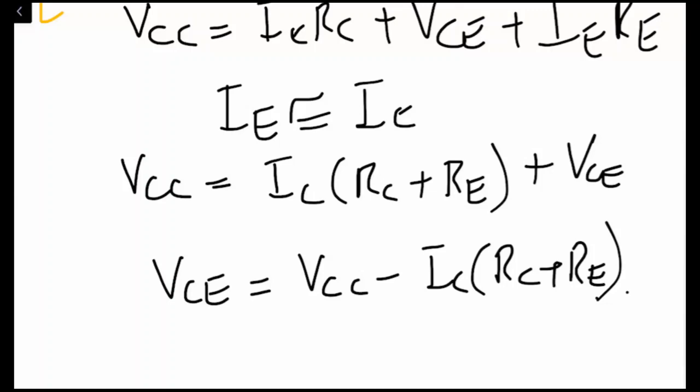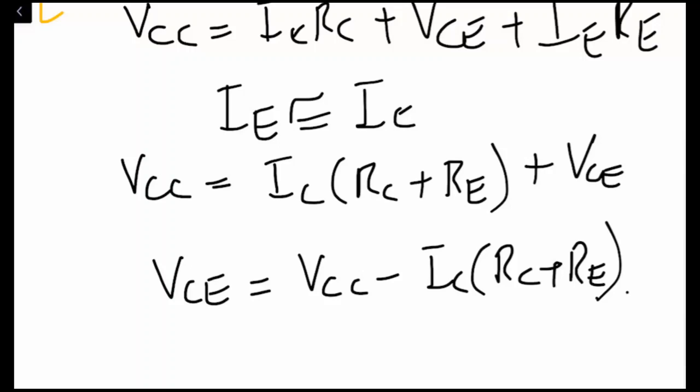Similarly, if you put IC equal to 0, VCE is equal to VCC. This gives the two ends of the DC load line, and from there we can find the Q point in the specific circuit. Are you with me? Yes, sir.